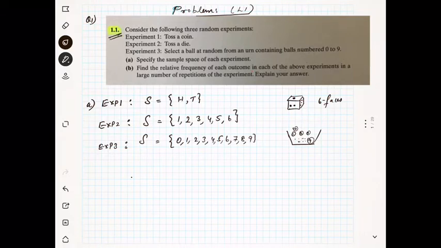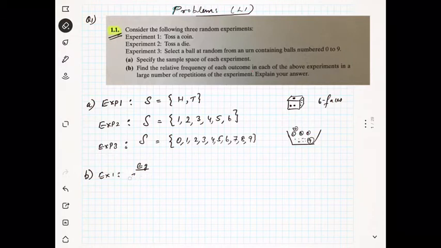And what will be the relative frequency of the outcome in each experiment if you are repeating this experiment? In experiment 1 you are repeating this experiment. For example, this is the trial number.